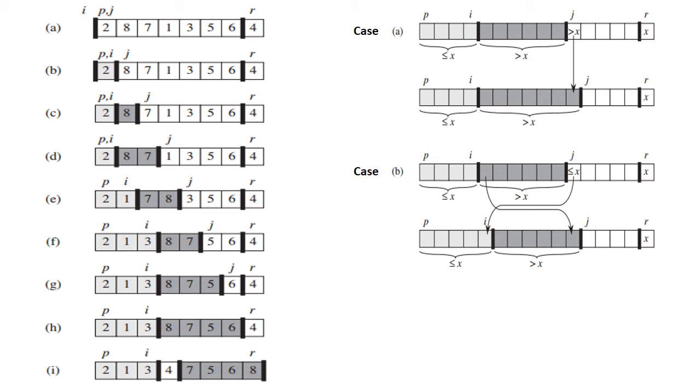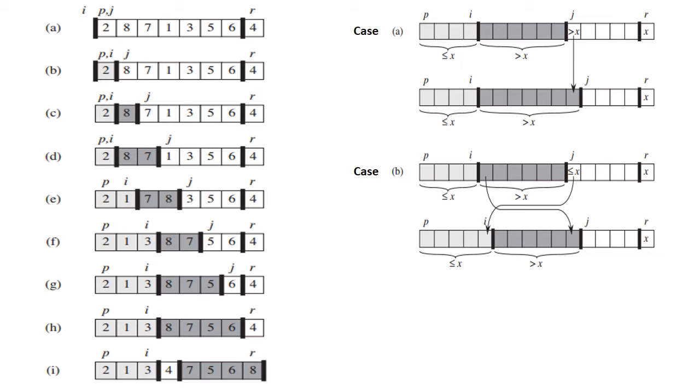In this way we bring that element into the first partition. Now J has to check the next element, so we increment J also to the right.